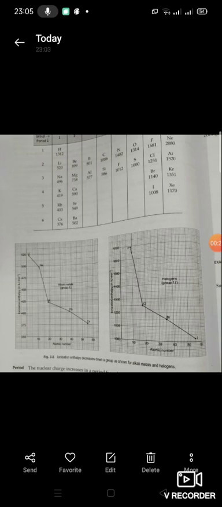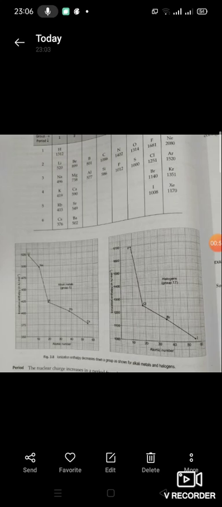And when we see that, what is the periodic trend of ionization enthalpy? Along a group, that means down the group, ionization enthalpy decreases. The outer electronic configuration remaining the same, the atomic size and nuclear charge increase down a group. So after each period, an inner shell containing filled orbitals is added.